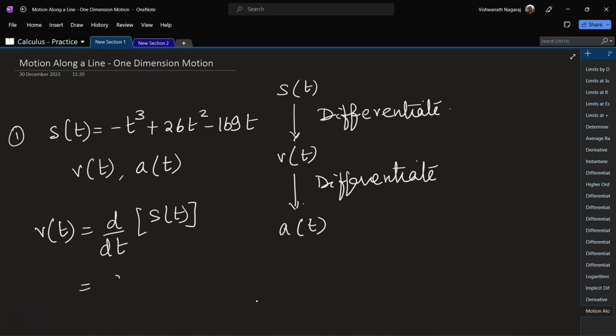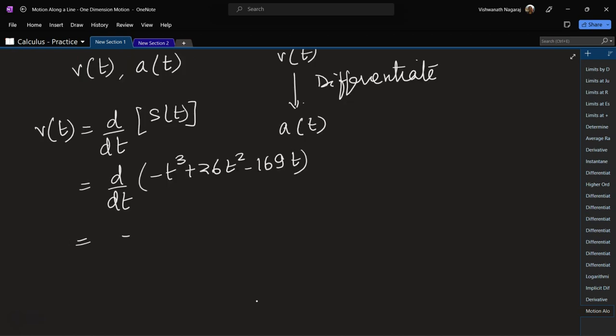So let's do that. d by dt of minus t cube plus 26 t square minus 169 t, which gives us minus 3t square plus 52t minus 169. So that is the expression for velocity.